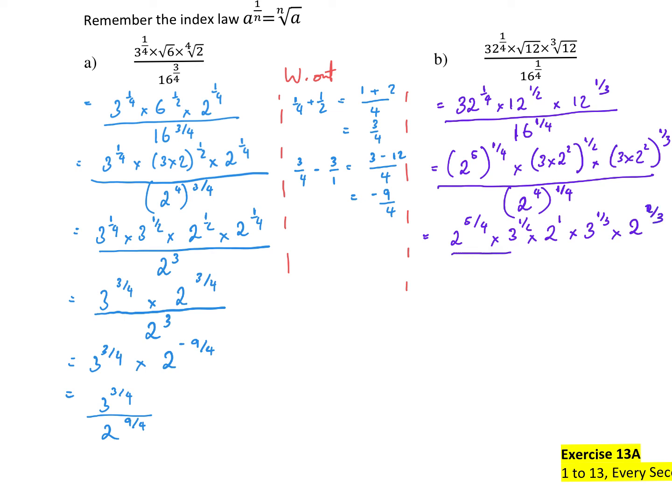And down the bottom, again multiplying, 4 times 1/4 is 1, so it's just 2 to the power of 1. Alright, we've got a lot of tidying up to do, don't we?